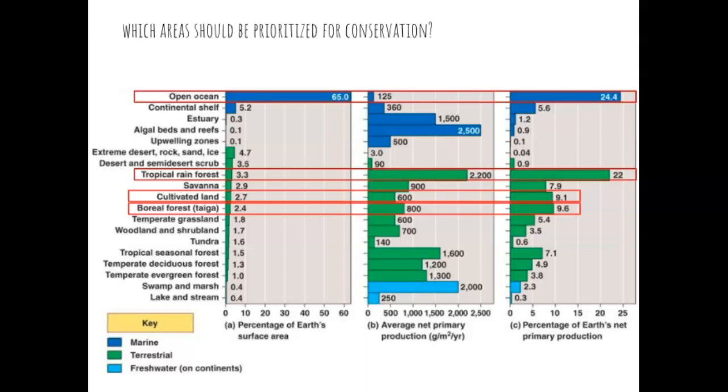So tropical rainforests only cover 3.3% of the Earth's surface. However, they're creating 22% of the Earth's net primary production.